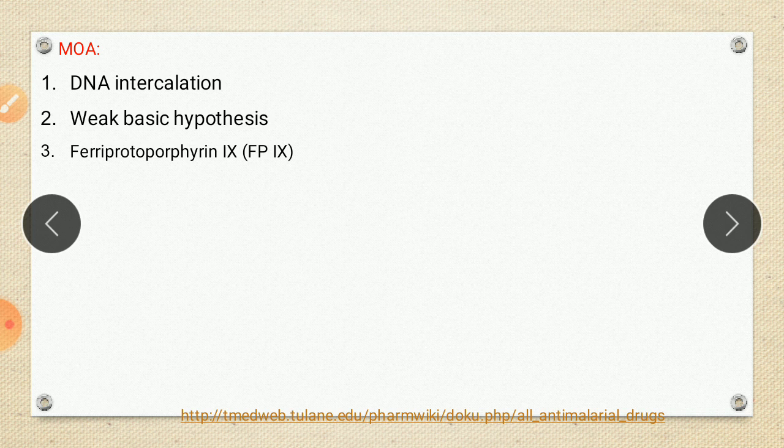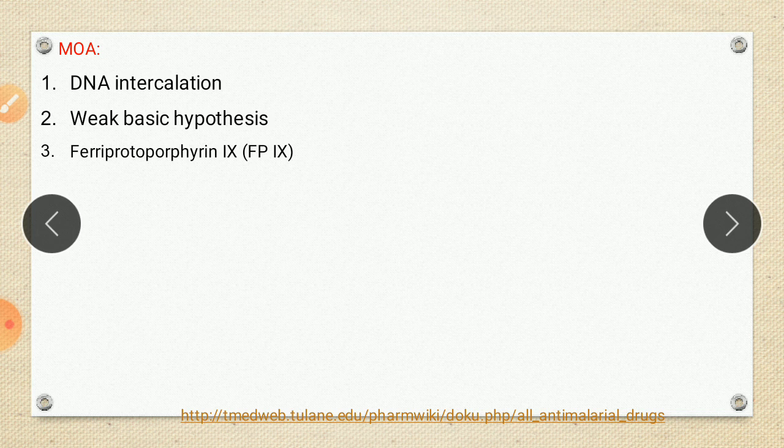The earliest proposed mechanism of action of these drugs was that the drug intercalated into the DNA of the parasite. But this mechanism was soon discarded, because the concentration required for inhibition of nucleic acid synthesis is significantly higher than the concentration necessary for inhibition of the Plasmodium parasite.